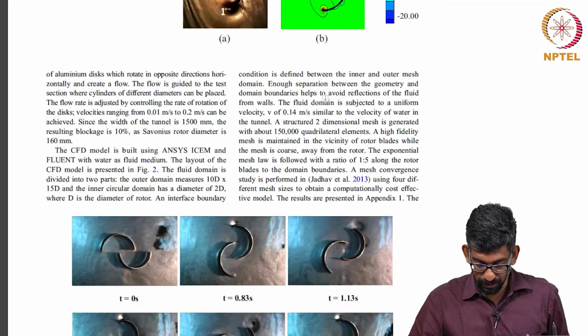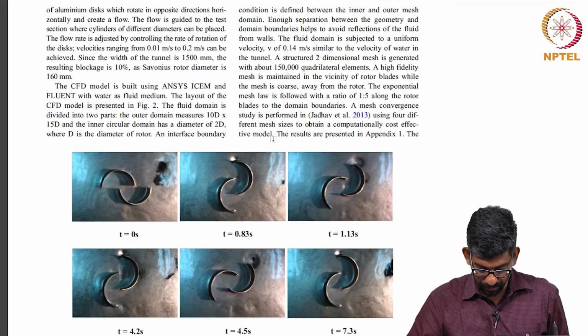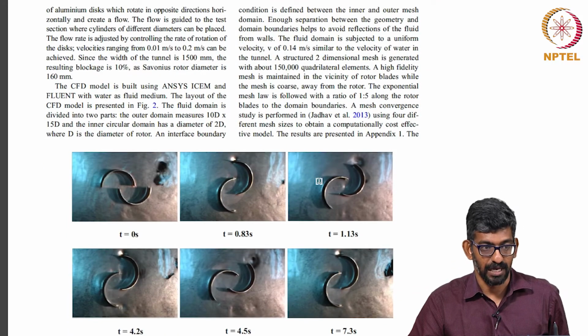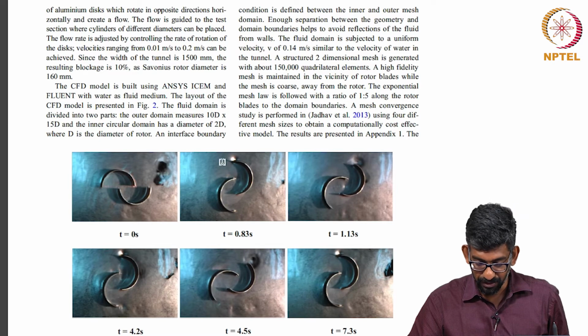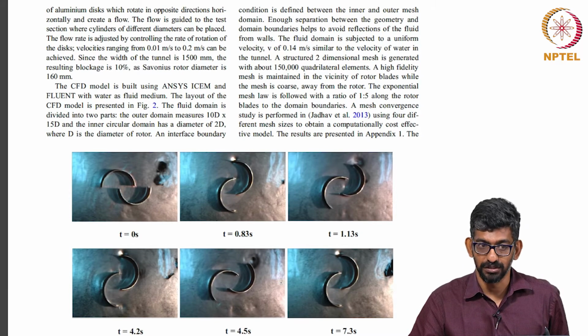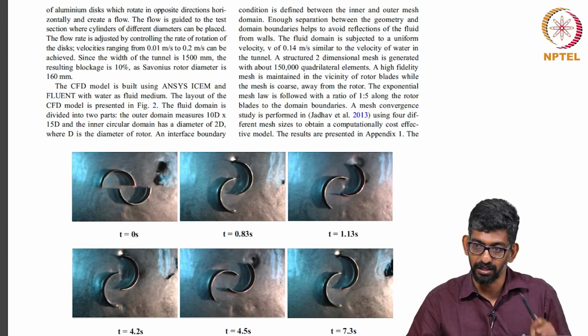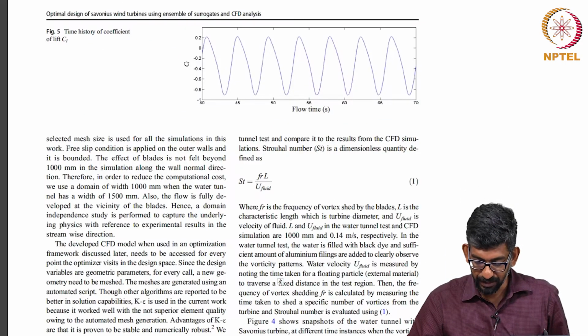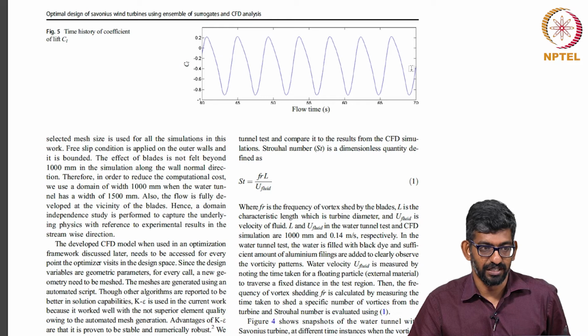And then we look at different time stamps and how these vortices are being emitted. Using that, you can come up with something called a Strouhal number. So, we take these vortices from the computational model and compare, and we get the same CL in both cases, which is the coefficient of lift.